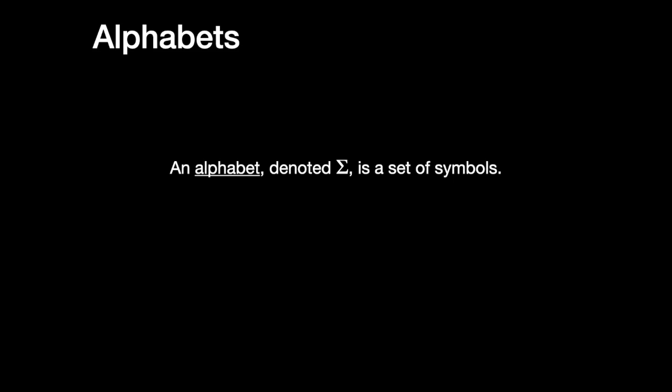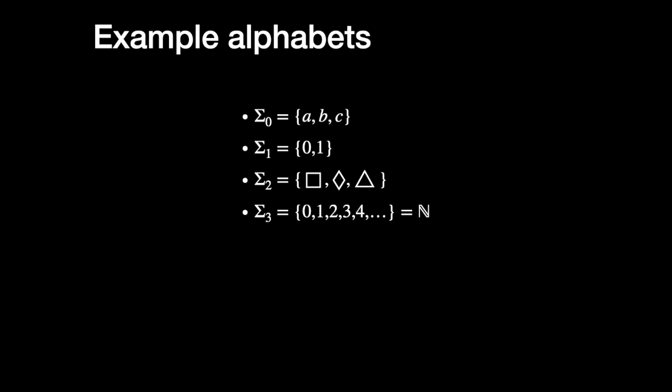A formal alphabet is just a set of symbols. They can be any symbols at all, and we will denote alphabets using sigmas. Let's consider a few examples. The first example is the set of letters A, B, and C. The second is the alphabet for binary numbers, or propositional truth values.